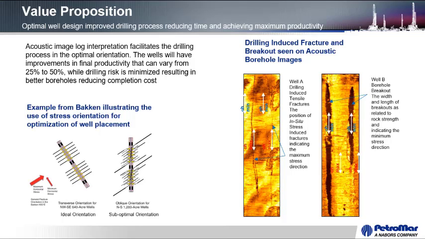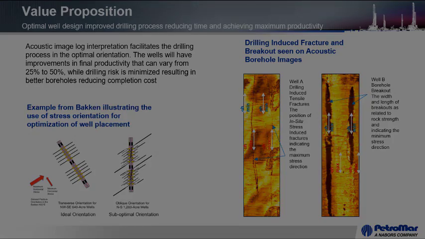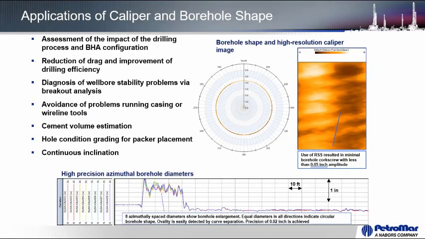These azimuths give us the orientation of the in situ stresses that control the fracture process in a lateral. In this case, the effect could be up to 50% of production at the end because of the optimal well orientation.